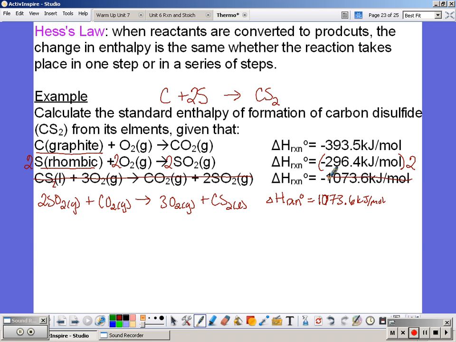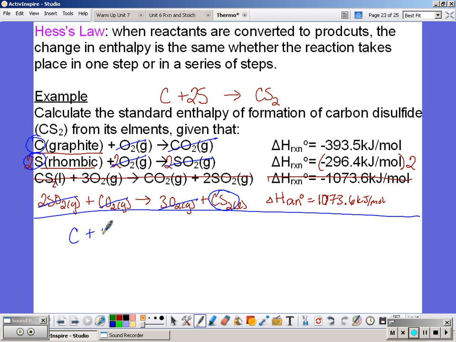And then if we look, things that we don't want should cancel out. So 2 SO2 cancels, CO2 cancels because they're both reactants and products. I have 3 oxygens as a reactant to cancel the 3 oxygens as a product. So that leaves me with carbon, 2 sulfurs, and CS2. So if I add these 3 reactions together, I would have carbon, 2 sulfurs, giving me CS2.